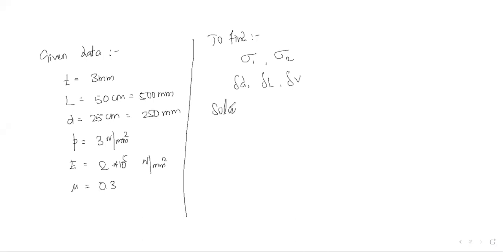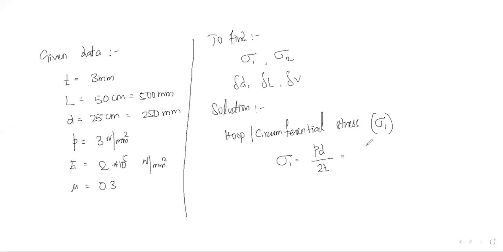So let us move on to the solution part. First of all, we all know the hoop or circumferential stress formula. Sigma 1 is equal to PD divided by 2 times the thickness. P is equal to 3, D is equal to 250 mm, and thickness is equal to 3 mm.